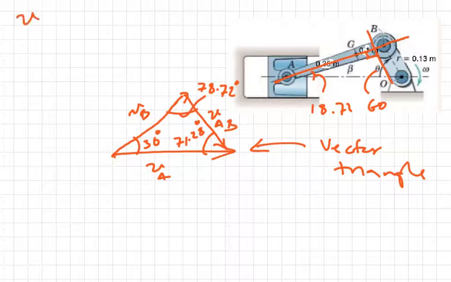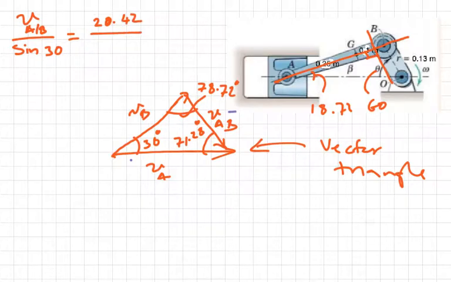We say VAB over sine 30 is equal to, we still use VB that we already know, 20.42 over sine 71.28.